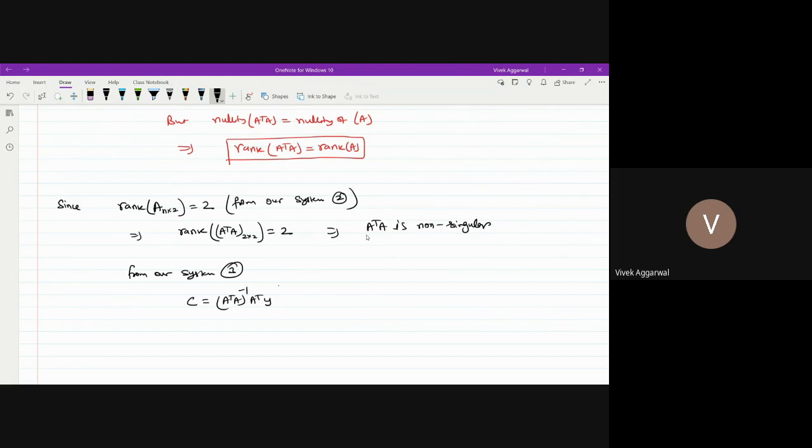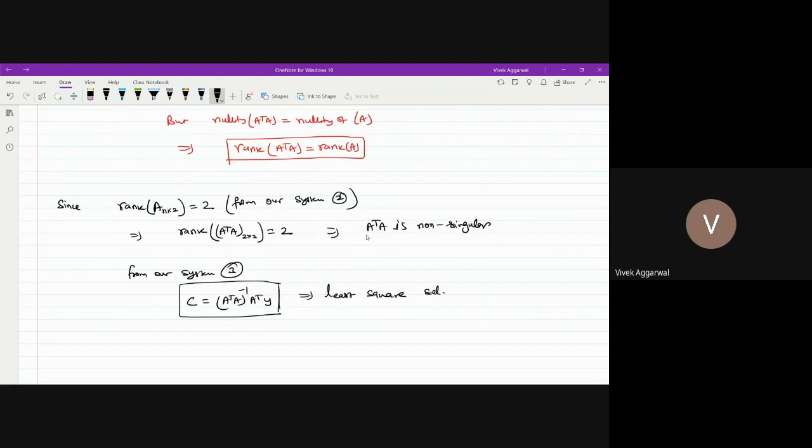In this case you know that the system doesn't have a solution, but when we multiply by A transpose, then we are able to find the solution of this system. So this solution is the least square solution.